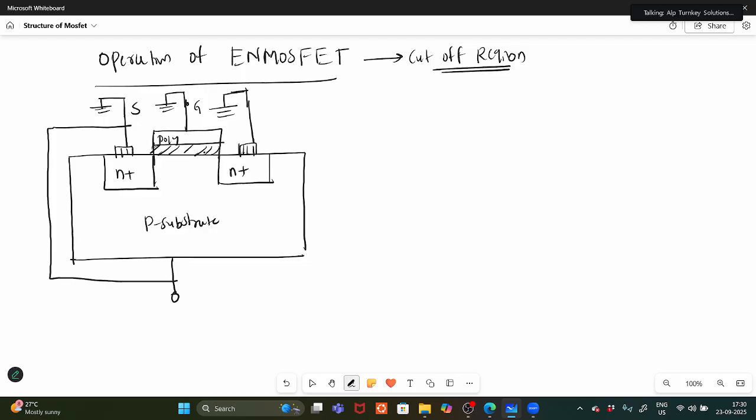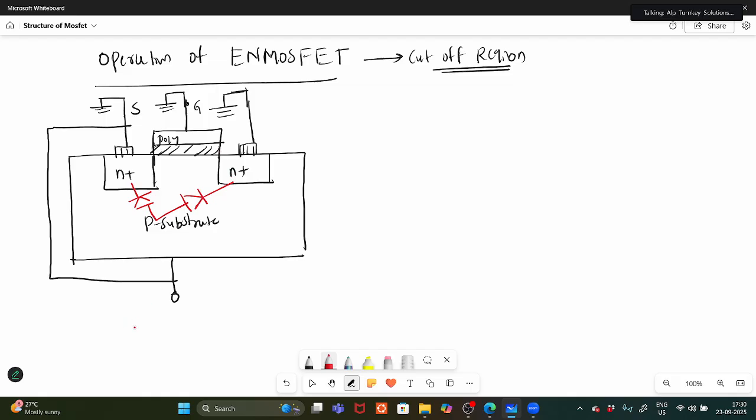So it looks like two PN junction diodes connected back to back. This is P, this is N, and next is one more PN junction diode connected back to back.